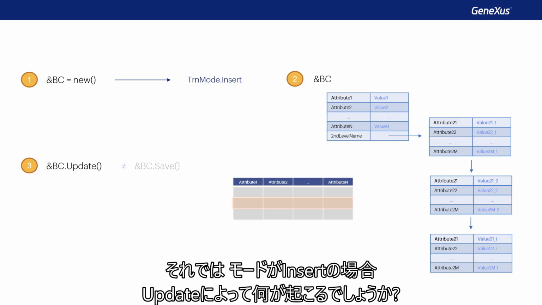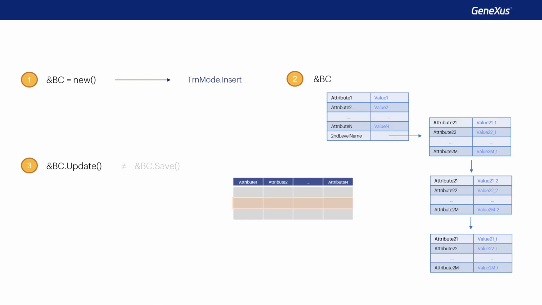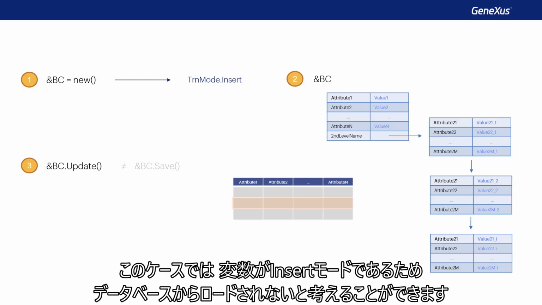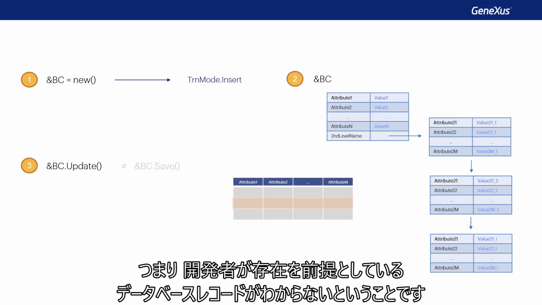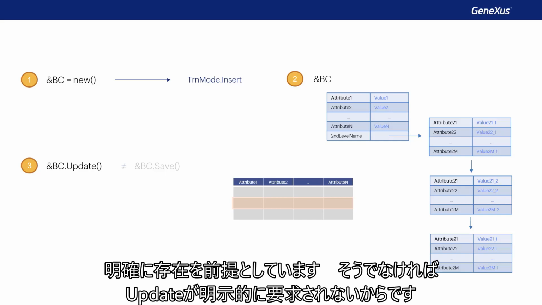On the other hand, what will happen with the update when the mode is insert? In this case, since the variable is in insert mode, it can be assumed that it was not loaded from the database. In other words, it's blind to the database record that the developer is assuming exists. It's assumed to exist clearly because otherwise an update would not be explicitly requested.